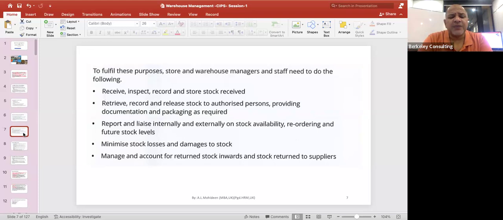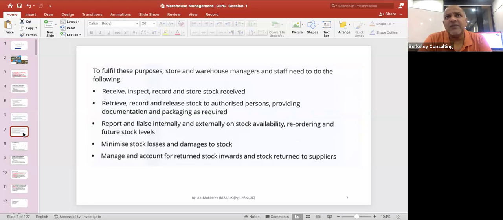Report and liaise internally and externally on stock availability. You have to coordinate with the people who are dealing with stock management and reordering, and future stock levels should be considered. If there is a shortage, you have to communicate in advance, because there is a lead time.